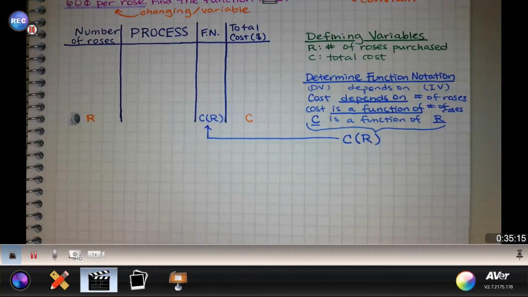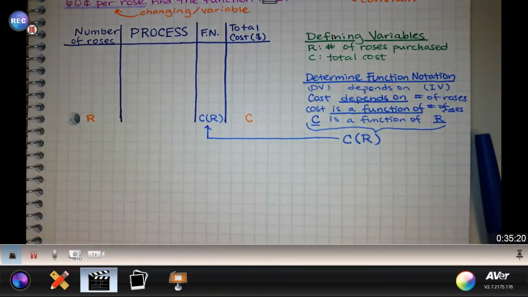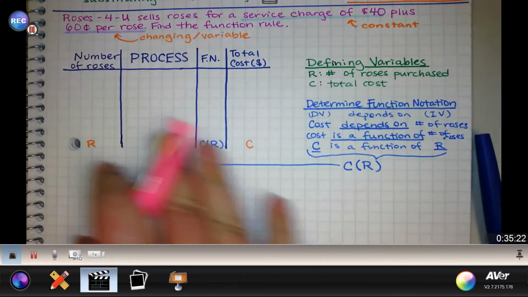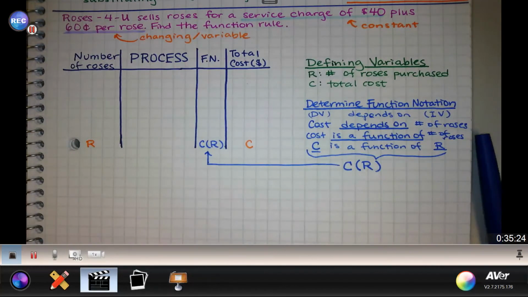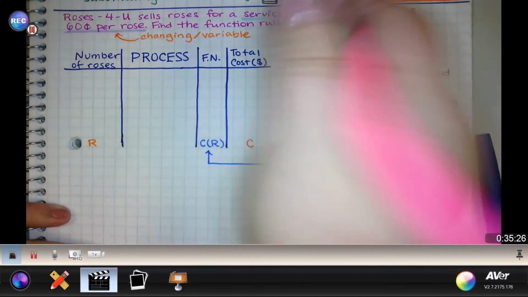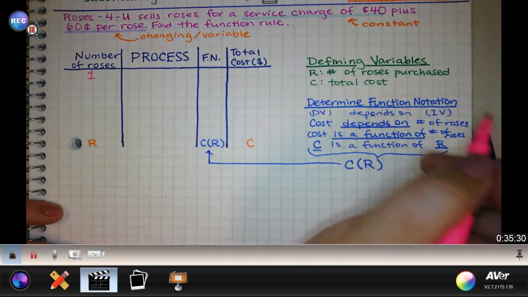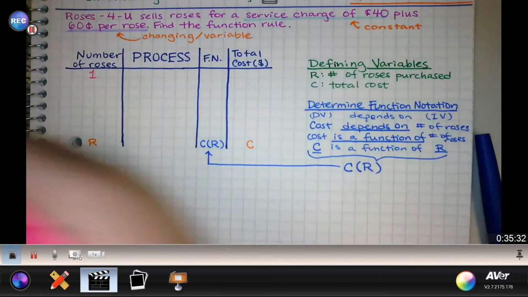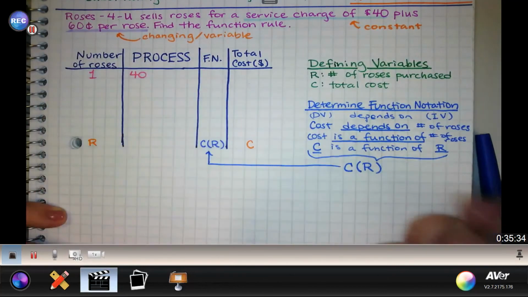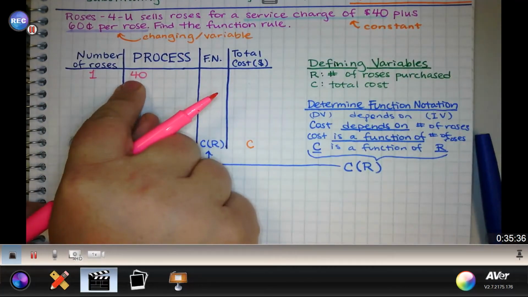Now we figured that out. Great. That was actually kind of the tricky part. From here, we're just going to do some work and figure out what the process is. So let's pretend we're just buying one rose. Start small. Remember, the service charge is always a constant fee. They will never change it. And since it's a constant, it won't have a variable, right?